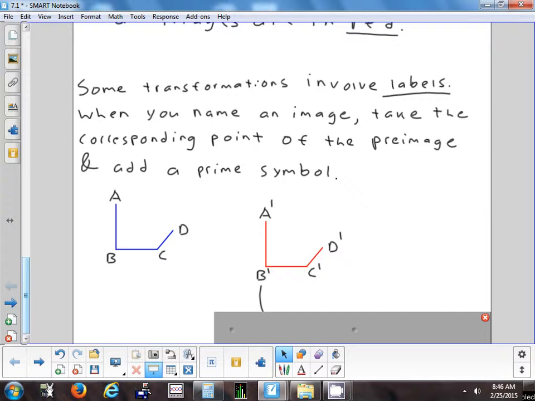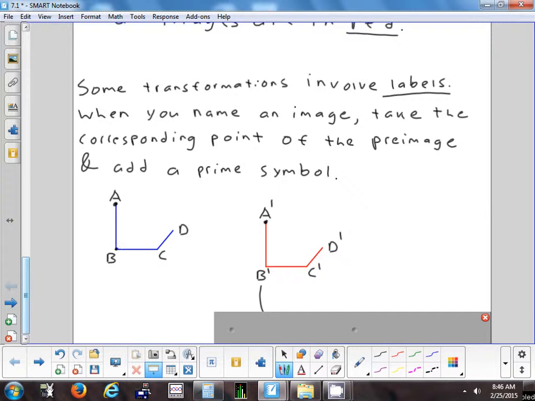Okay, and what you do is you compare A to A prime. Okay, so this point in the pre-image went to this point in the image. Okay, how do I know that? One's labeled A, one's labeled A prime. Tells me these are corresponding points.